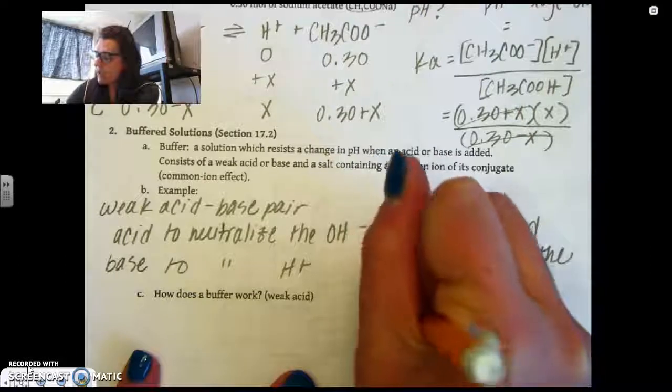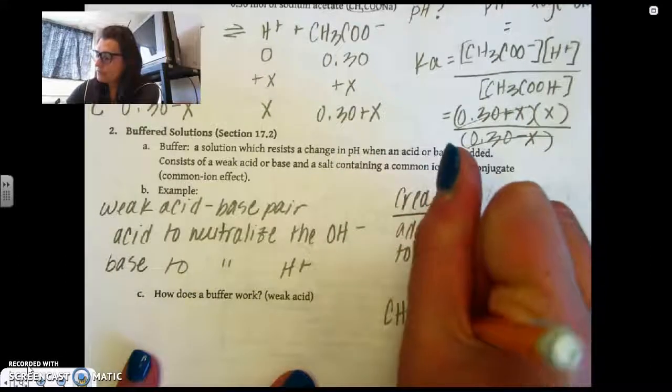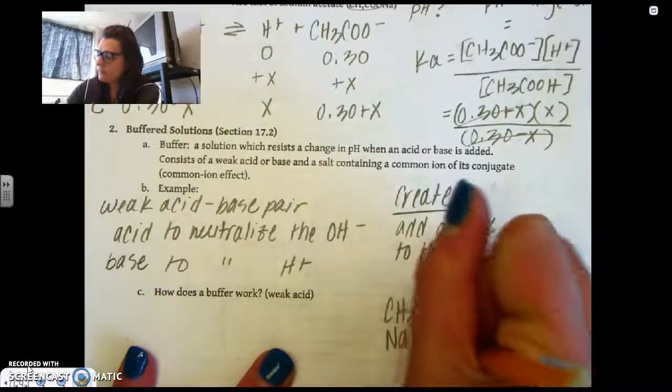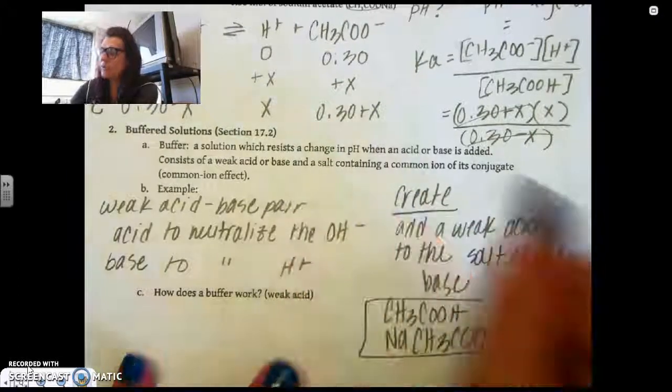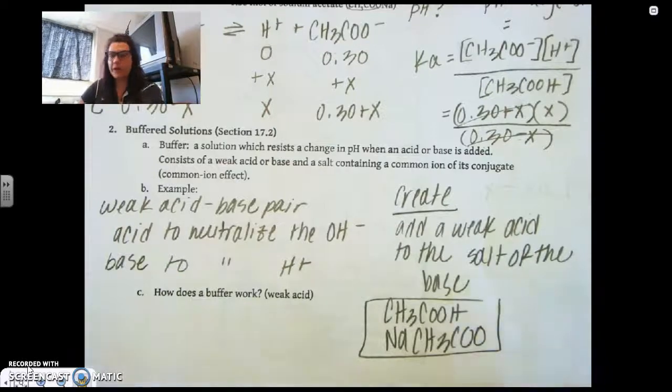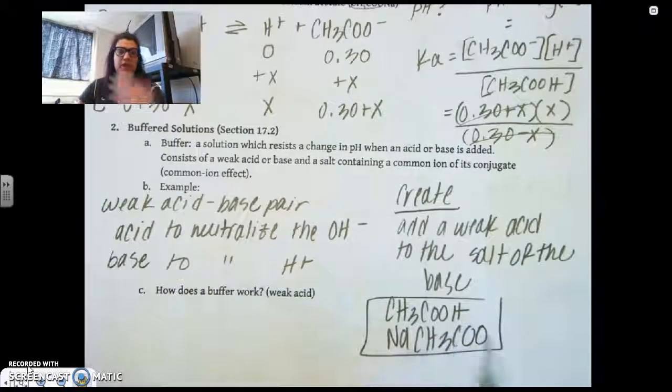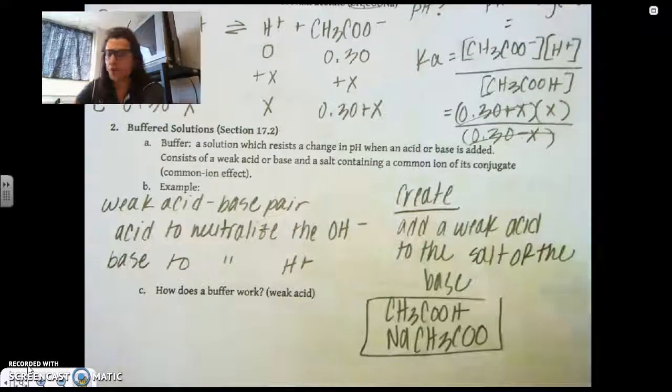I would have acetic acid and sodium acetate. So these two together would form a buffer, okay, where the acetate ion will react with the hydrogens and shift back to make acetic acid, where acetic acid here can react to get the hydroxides.